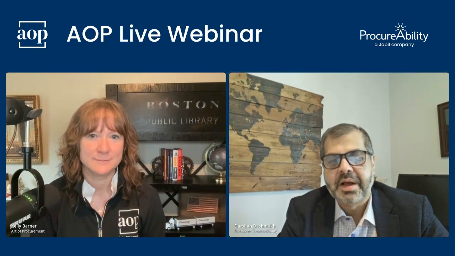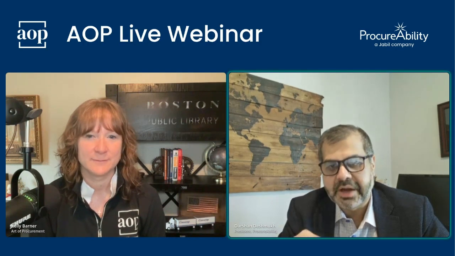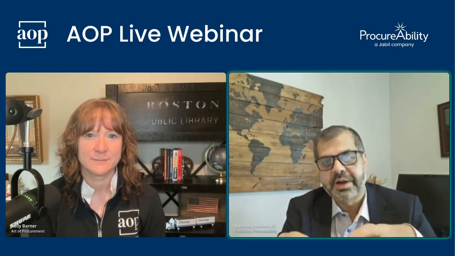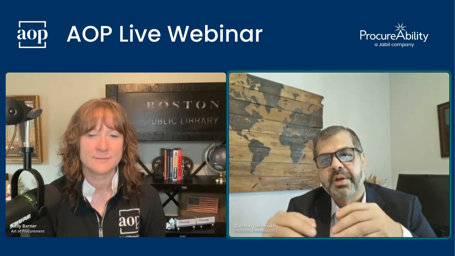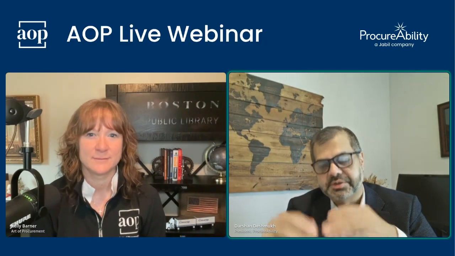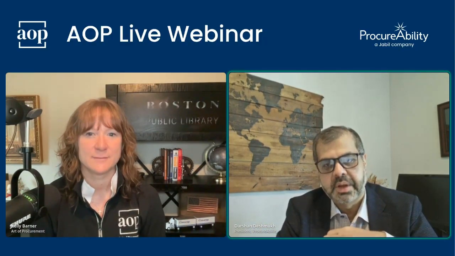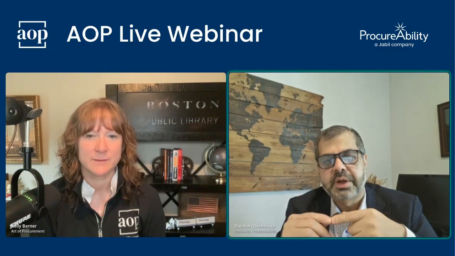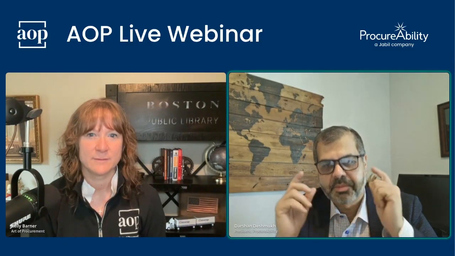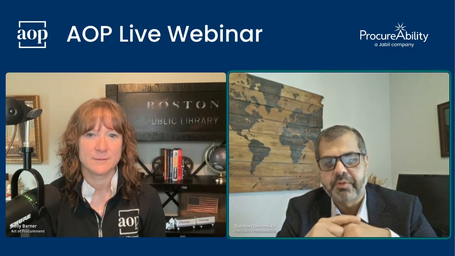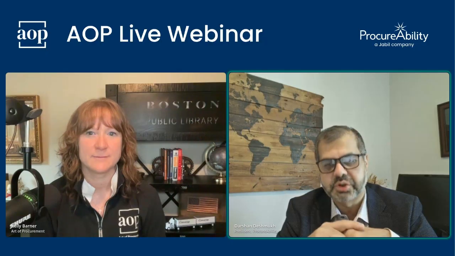So when the CPOs or procurement leaders want to move from efficiency gains to transformational value, it's important to start with the mindset of a problem statement, what you're trying to solve, and what transformation you want to drive.